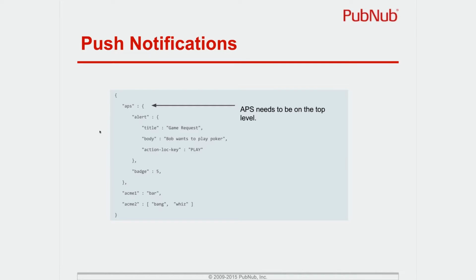Okay. At minimum, you need to have the APNS. All the other attributes are documented on Apple's developer site. PubNub doesn't really do anything specific with the APNS payload. We simply look for the presence of that APNS payload, and then if it's there and you're configured correctly, we forward it on.